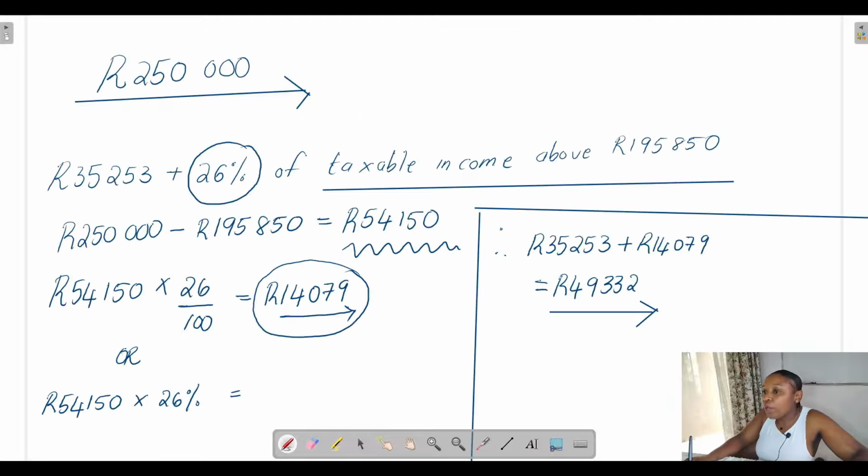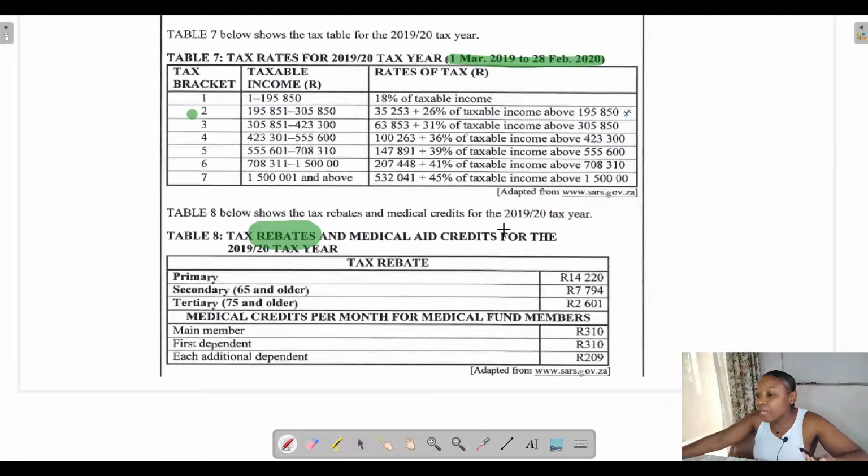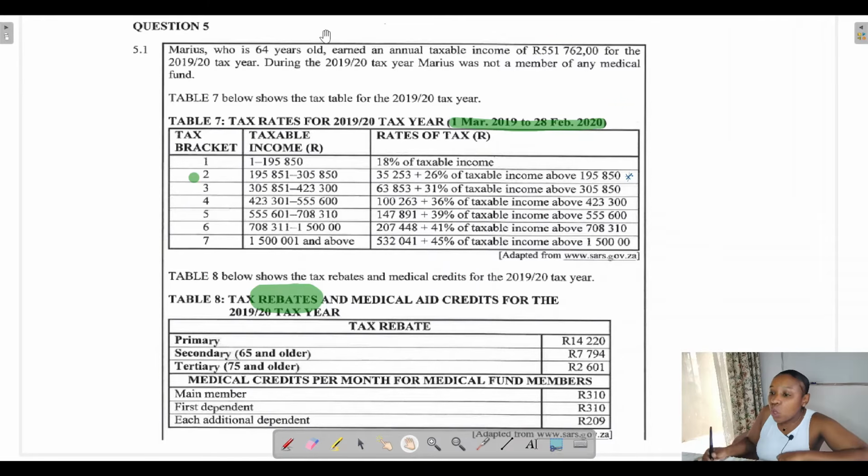When we go to the information that has been given to us, we are told that Marius earns 551,762 per annum. So that is his income per annum. Based on that, which tax bracket does he fall in?